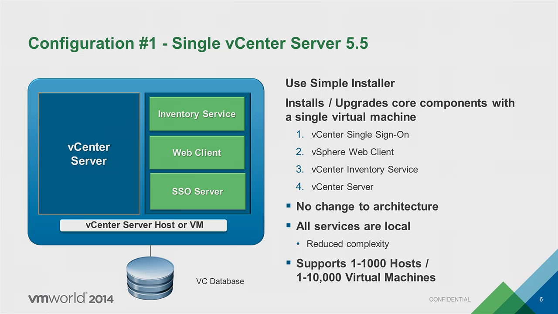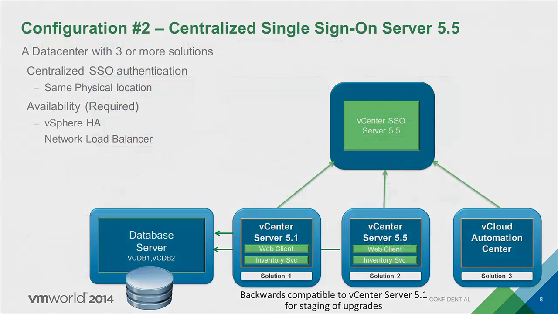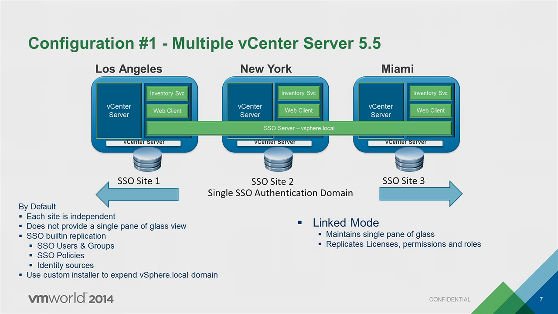What if I have multiple vCenter servers? Well, this configuration number 1 still really applies. And yes, some of these slides are carryovers, but we're talking on the same topic, being that 5.5 is still the shipping version of vCenter today. Oops, I went back too far. Here we go. So if I have multiple VCs, I have this thing called single sign-on. Single sign-on is my authentication security boundary around each instance, but I can extend that security boundary across all my vCenter servers.